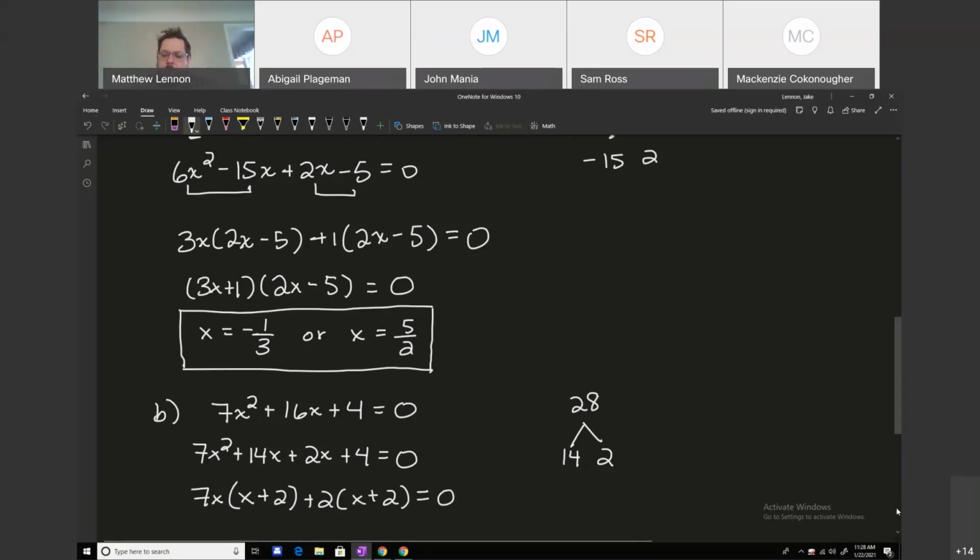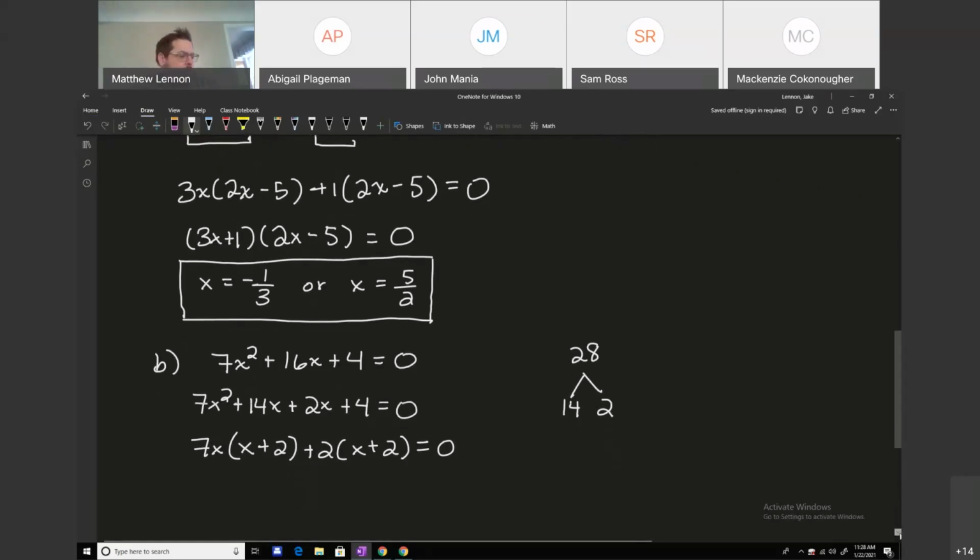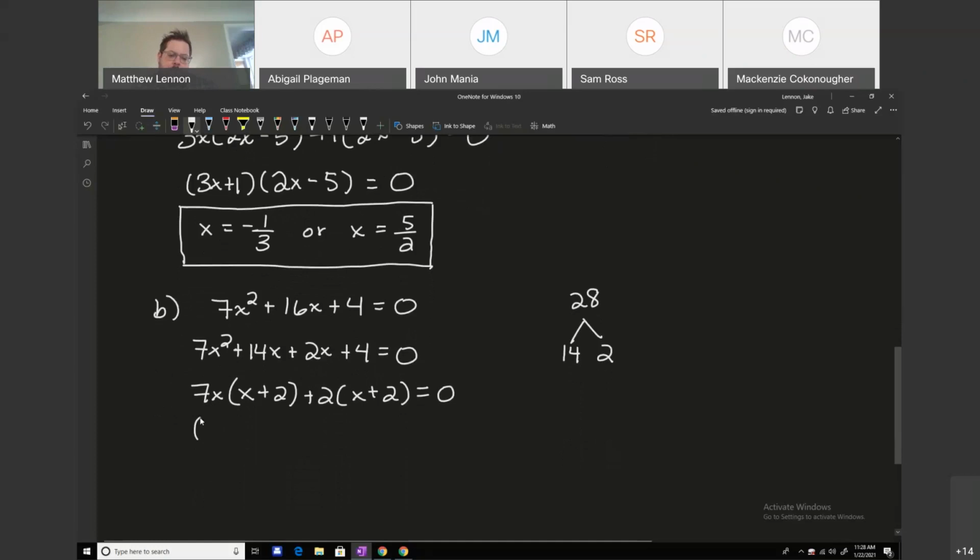So then your two factors are going to be 7x plus 2 times x plus 2. So this gives either x is negative 2/7 or x is negative 2.